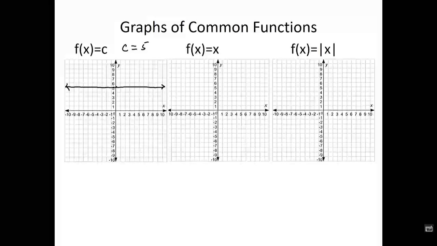In the next case, we have f of x is equal to x. F of x is equal to x means that whatever x is, y is also. For instance, points on this line would be 0, 0, 1, 1, 2, 2, 3, 3, 4, 4.